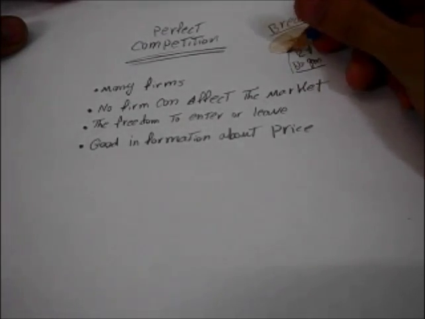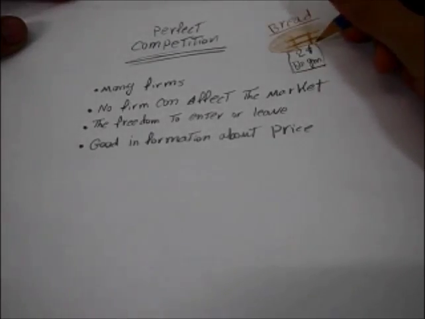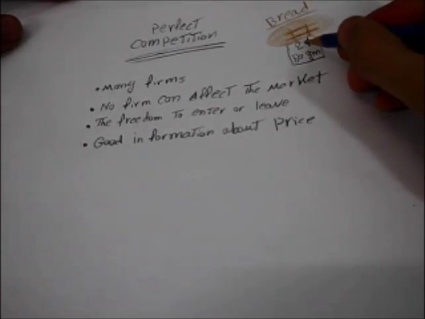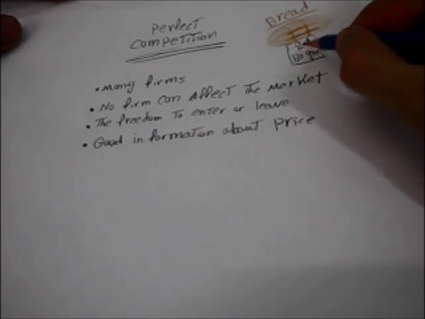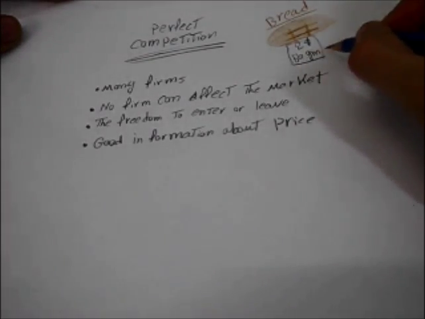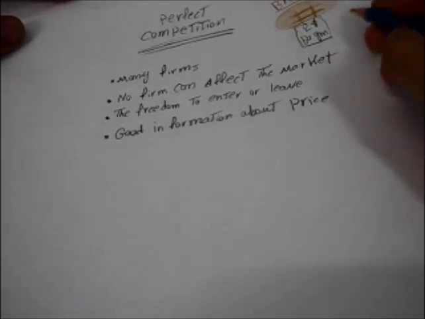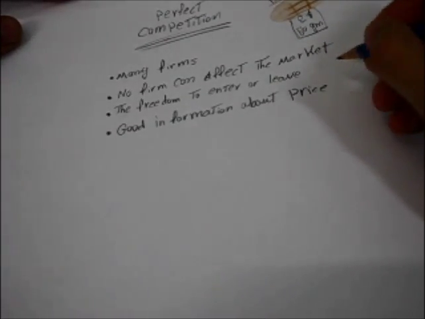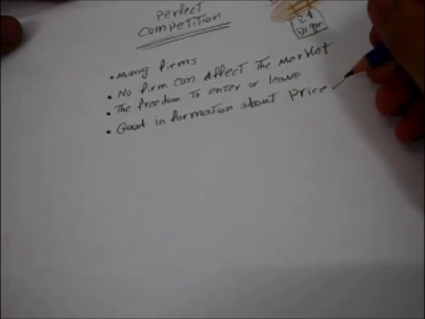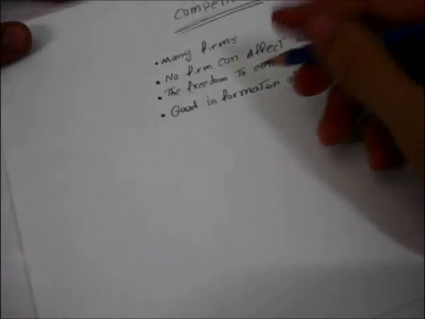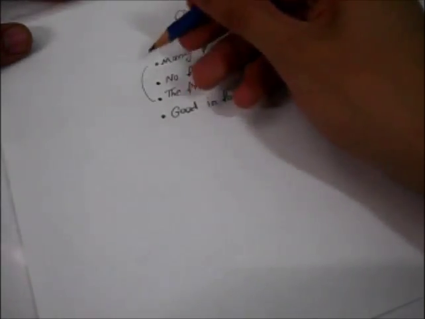All people just know for sure that the price of the bread is $2 and the weight of that loaf is 50 grams. So this is good information about the price. This is for the consumer. What about the other 3?